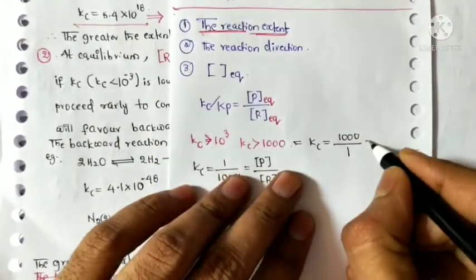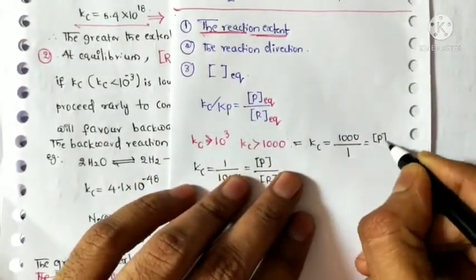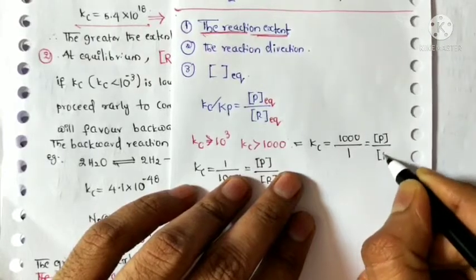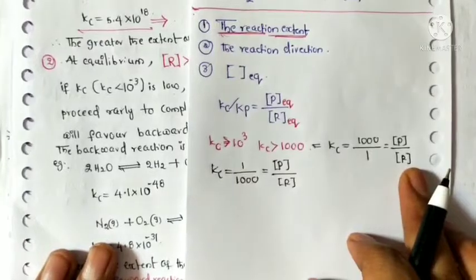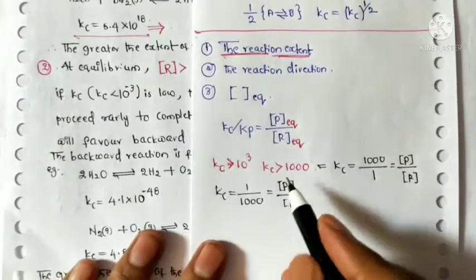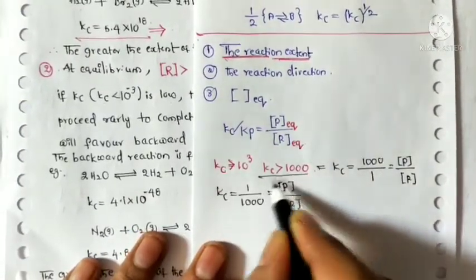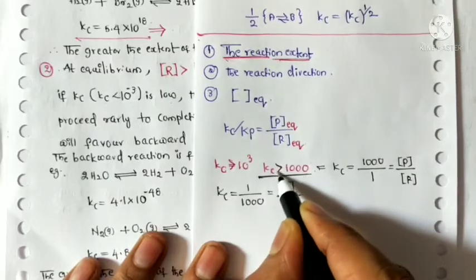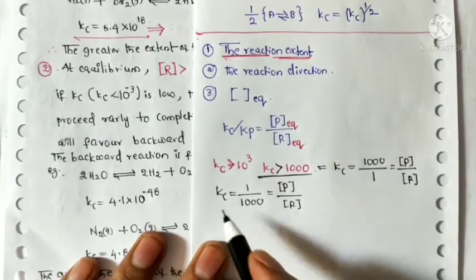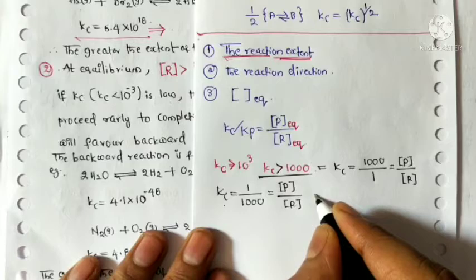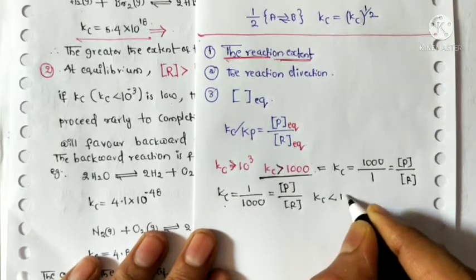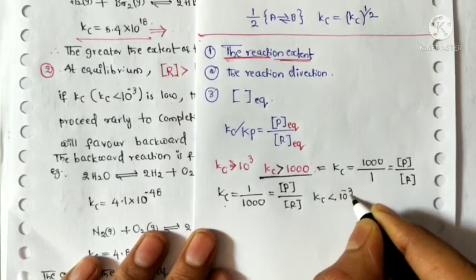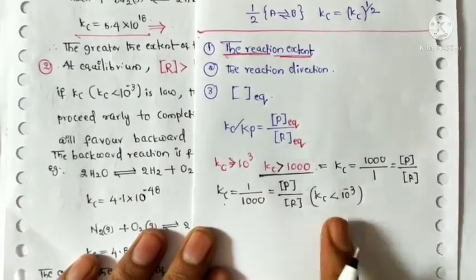Here the product concentration is greater than the reactant concentration, whenever the equilibrium constant Kc value is greater than 1000. If the Kc value is less than 10 to the power of minus 3, it is very, very low.